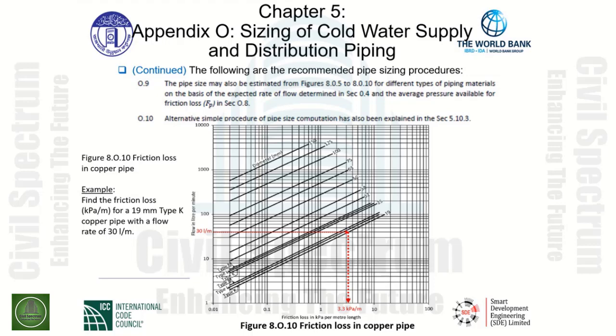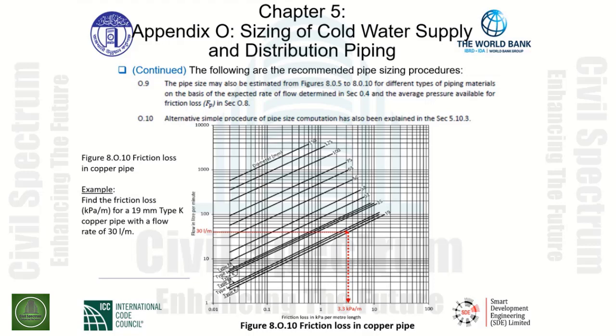The type of pipe as seen here in the lower portion of the curves is type M, type L, and type K copper pipe. Type K is your thickest wall copper. Type L is your medium wall thickness, and type M is your thinnest wall copper pipe permitted to be used.